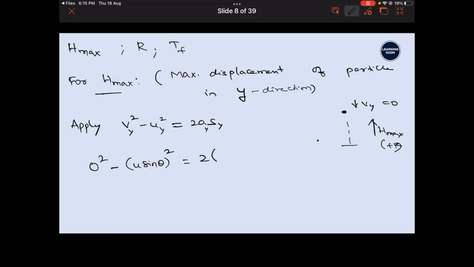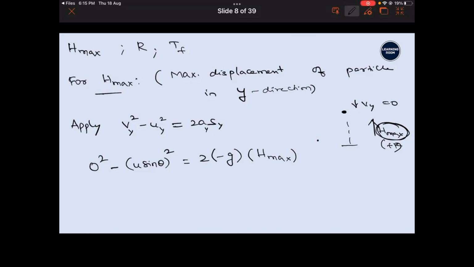You have the table. Minus g into displacement of the particle along y direction. How much is it? H max, no? Because what is the kind of scenario you are trying to define? You're saying when the particle has gone from bottom to top, it has traveled a displacement of h max.